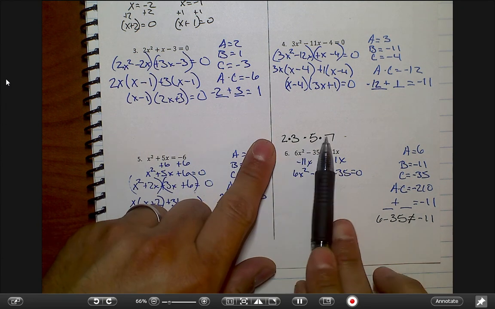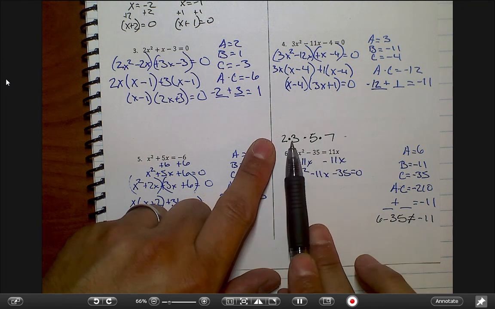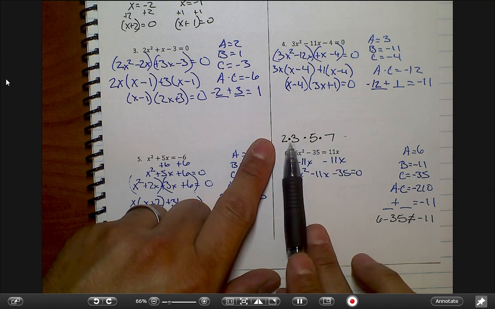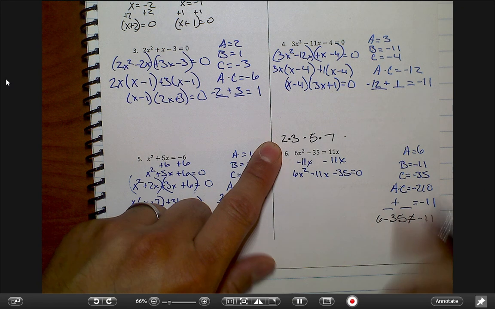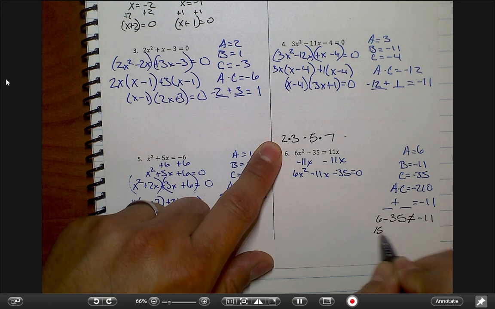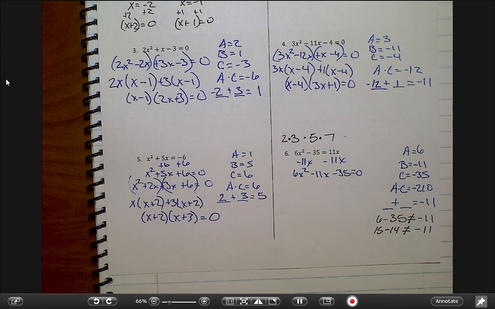Now let's try 15 and 14. 15 minus 14, does that give you negative 11? No, it's not. Okay, so that combination didn't work.